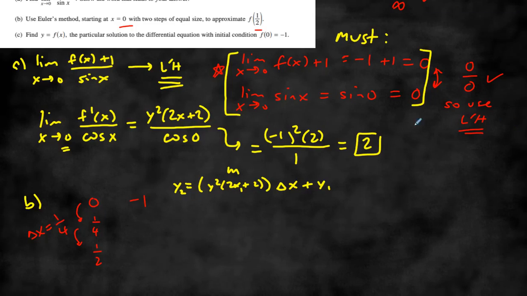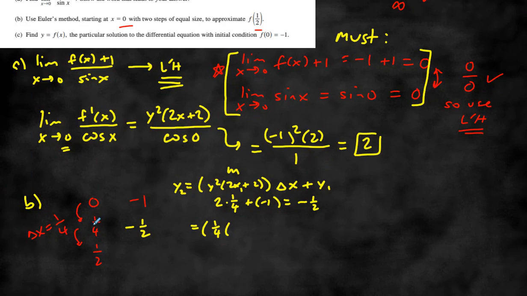Now it's just a matter of kind of stepping ourselves through. So with 0, -1, the new y is going to equal this slope value, which we just did up here. This is 2 times the delta x, which is 1/4, plus the current y, which is -1. And when we evaluate this, we get -1/2. That's the next y. So we're going to do this again. The new y is going to equal, we need y squared, so that's 1/4, times twice the x plus 2.